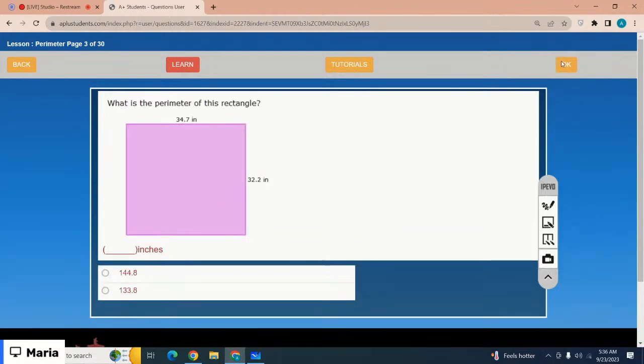Okay, what is the perimeter of the rectangle? You have to add all these side lengths, right? So when you add, hold on, let me add.